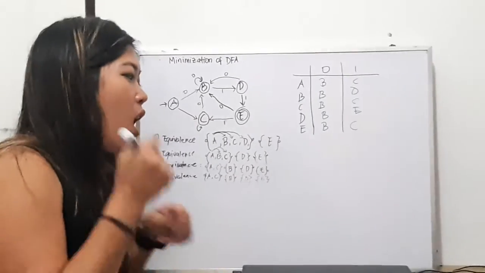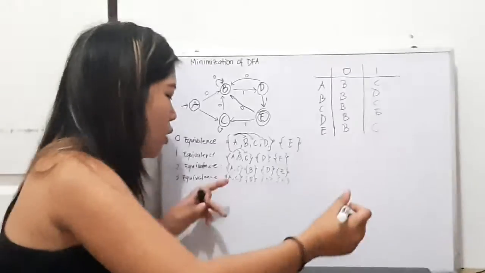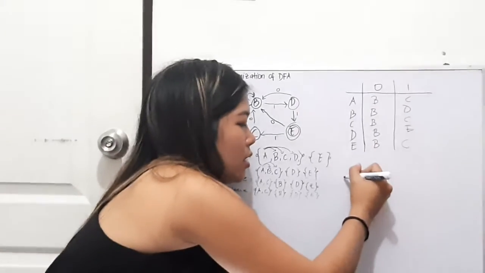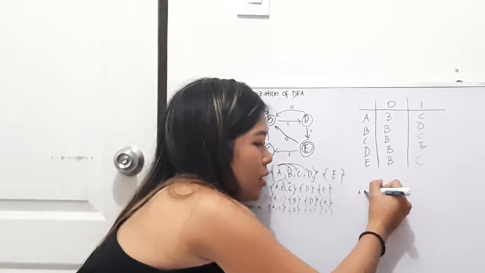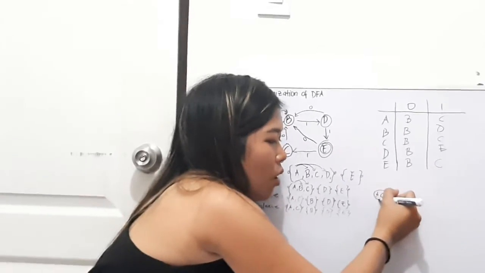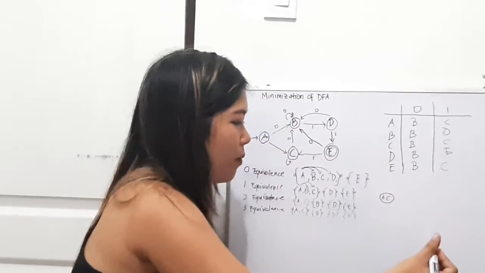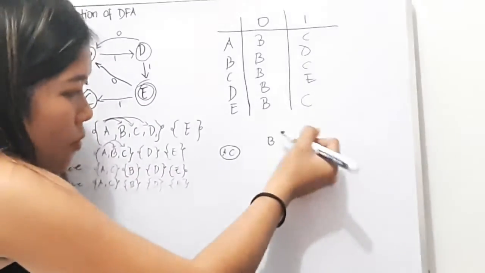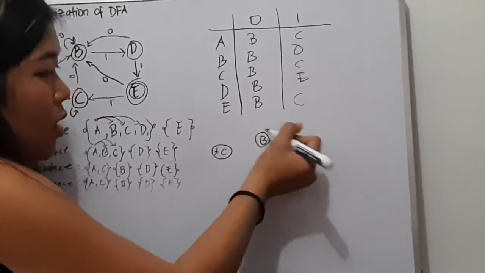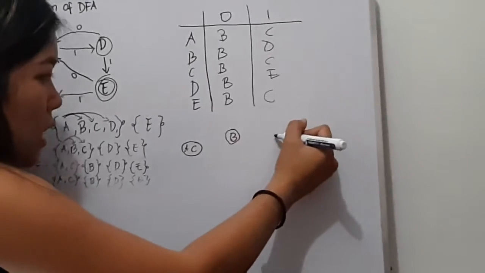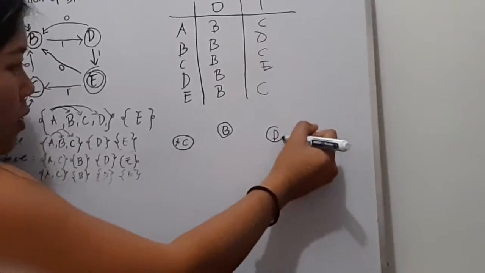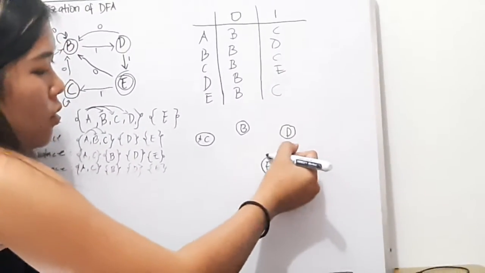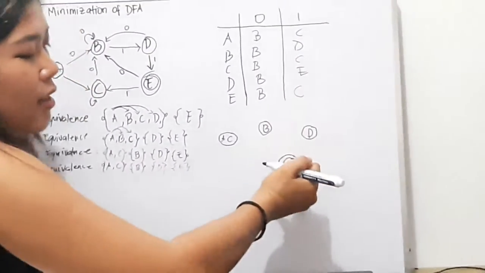We can now draw our DFA. So I will base it here as one set. Let's write here A, C as non-final state, and then I have B, this one non-final state, and D and E. E is the final state, right?